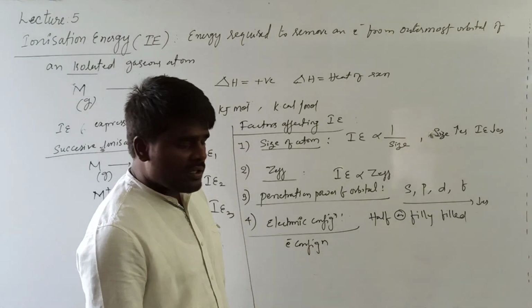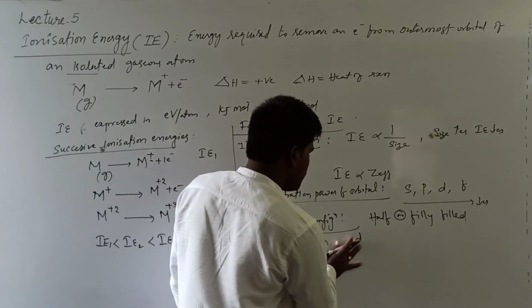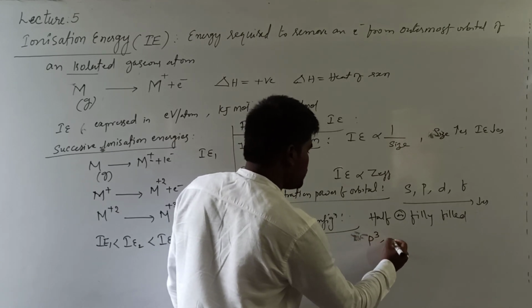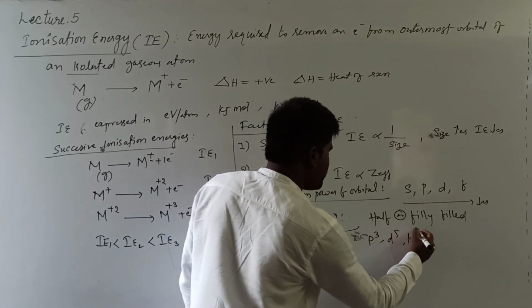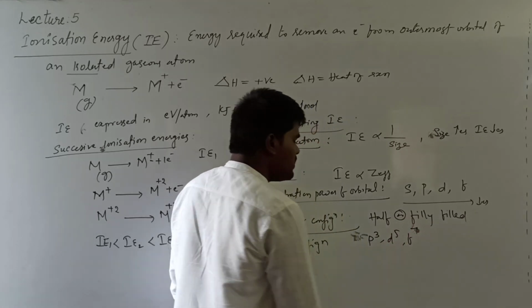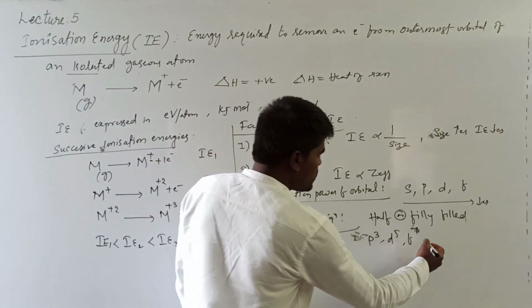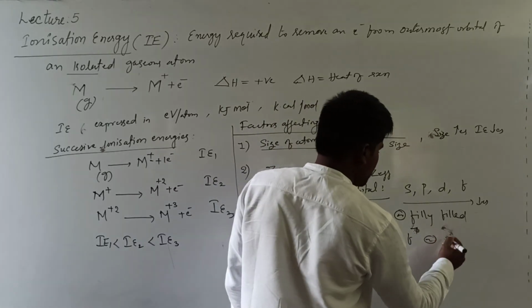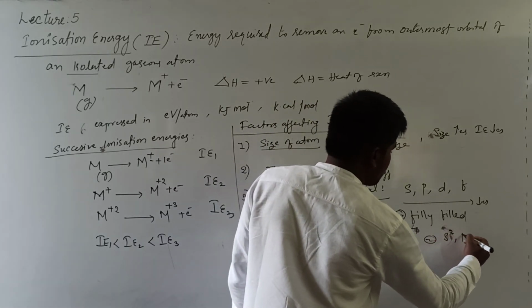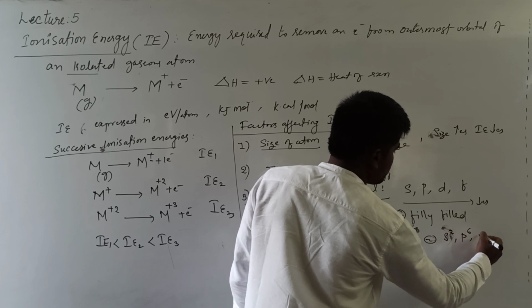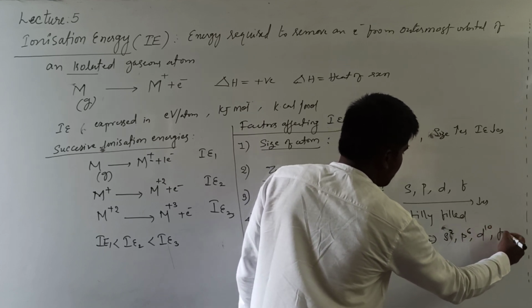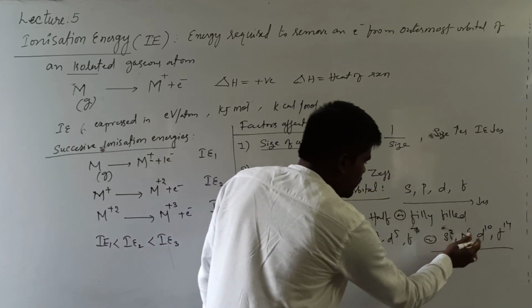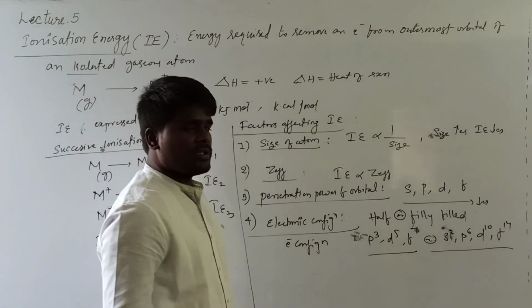What is meant by half-filled or fully filled? Suppose you take p3, d5, f7, these are exactly half-filled. What is meant by fully filled? p6, you can also take s2. s2, p6, d10, f14 are fully filled configurations, and the others are half-filled configurations.